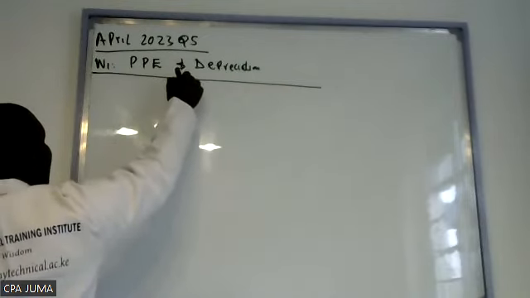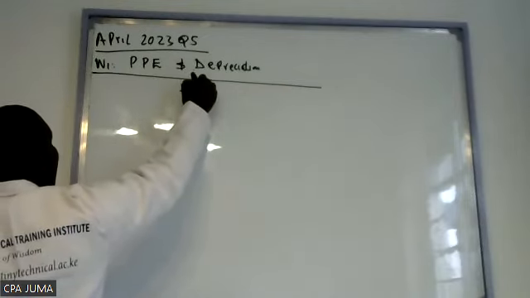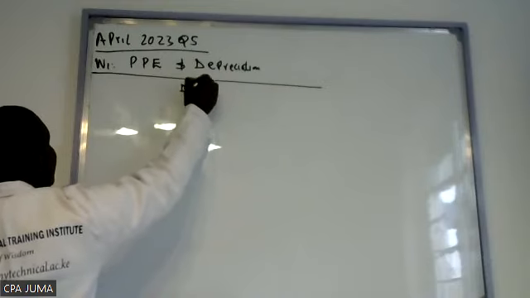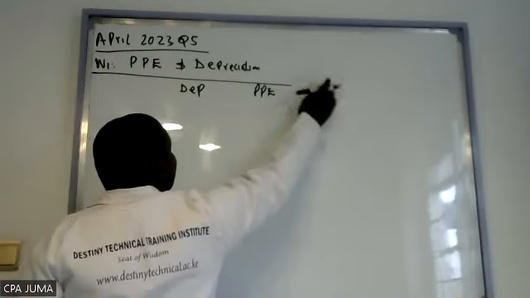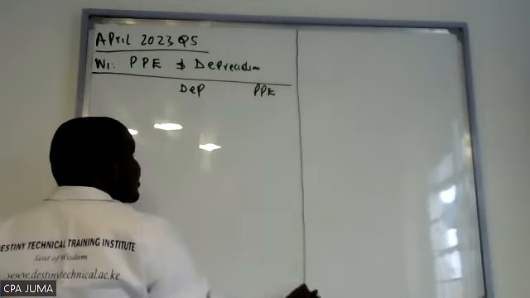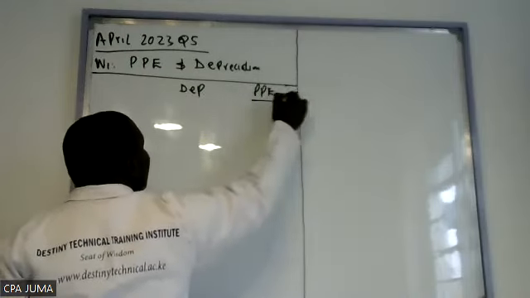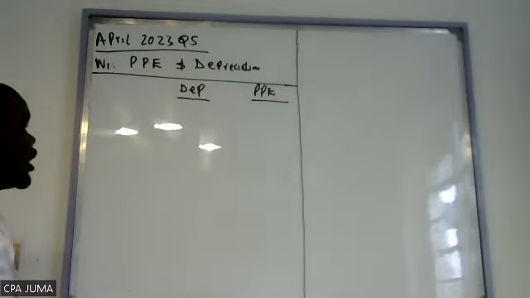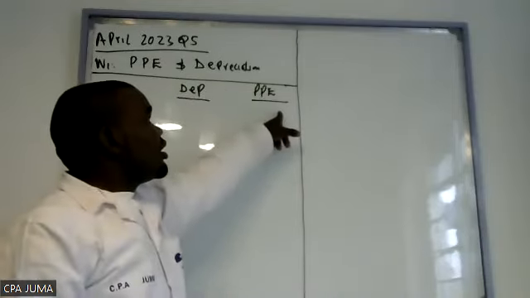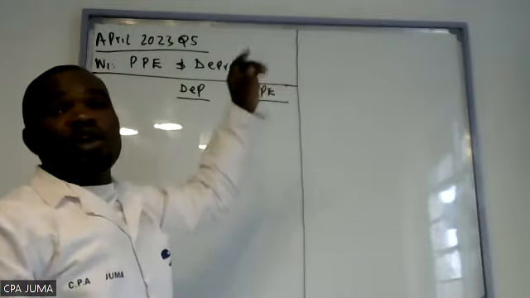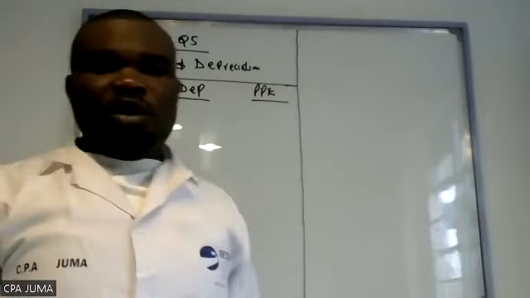So right here, depreciation, PPE. Your arrangement is up to you. You can start with any. So I want to check depreciation for the year. This one I want to check whether they acquired or they disposed PPE.